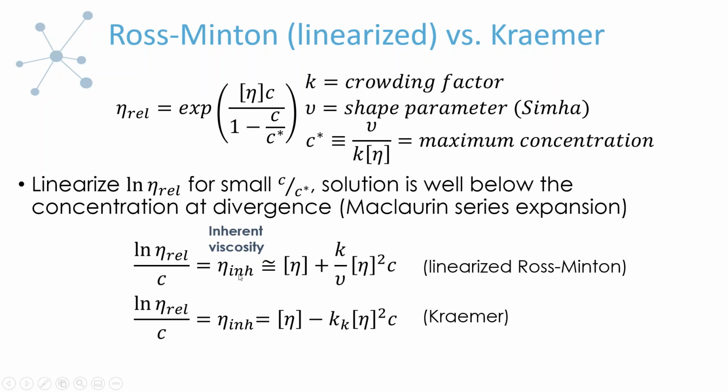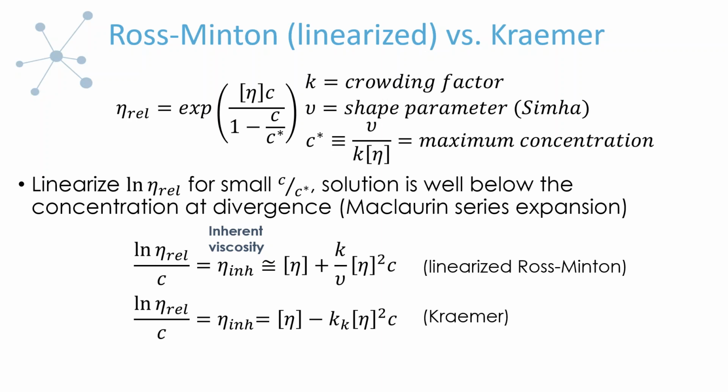And oftentimes, with data like I had just shown on the previous slide, instead of plotting it as is and using the Ross-Minton equation in its natural form, people will do the rescaling to inherent viscosity and use the linearized Ross-Minton equation.